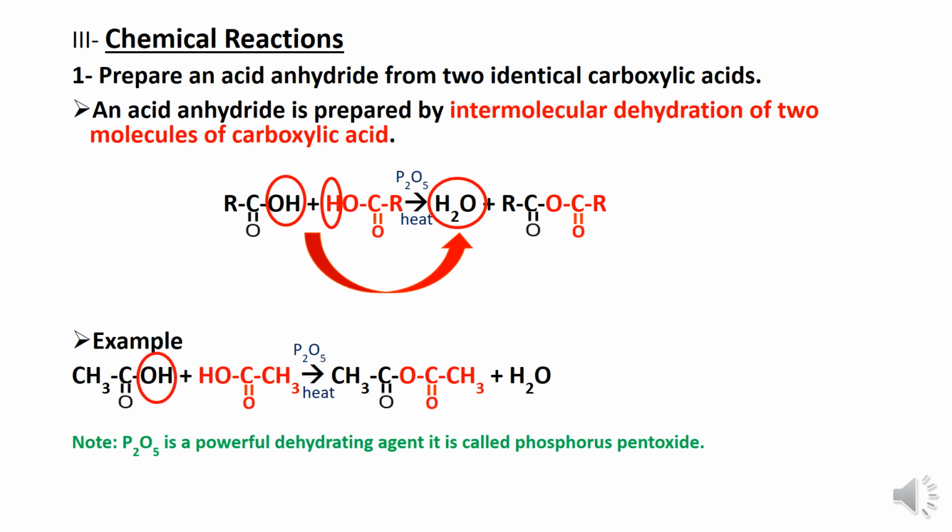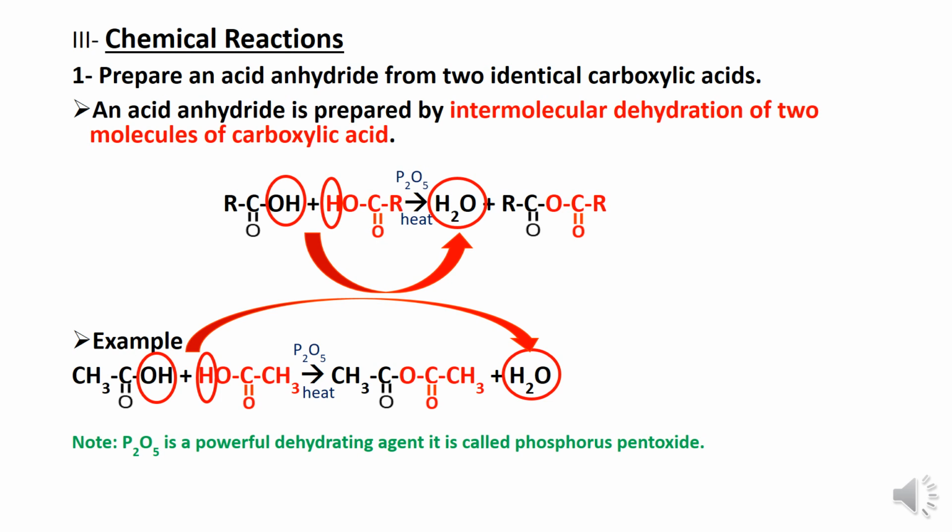The OH is removed from the ethanoic acid from its carboxyl group, and the H is also removed from the carboxyl group, or exactly from the hydroxyl group of the carboxyl group, and the elimination here will produce water in the product with the formation of the acid anhydride.